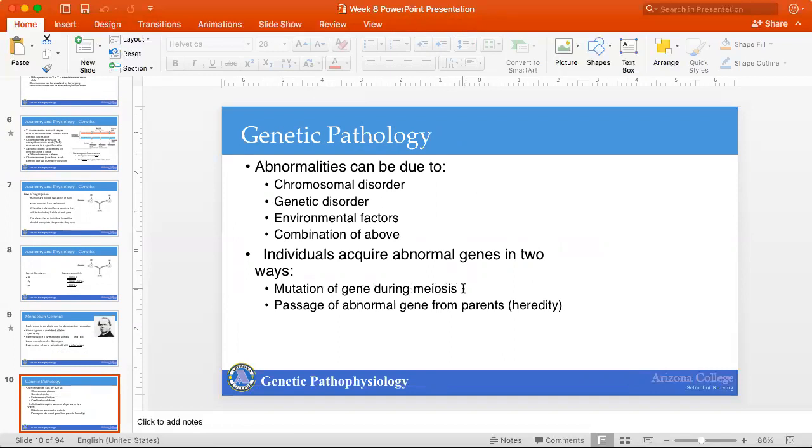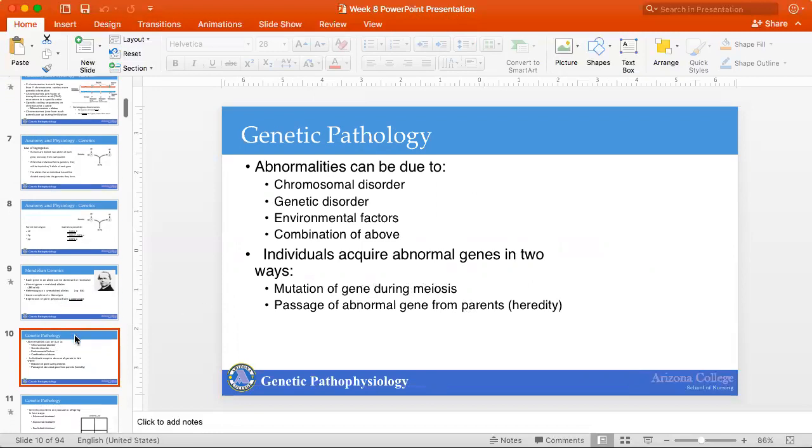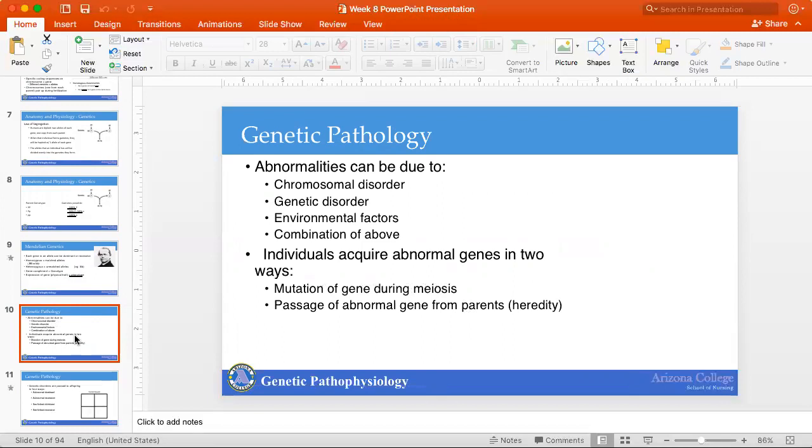So as you're forming these gametes, there could be some sort of mutation along that pathway, which then causes a potential genetic problem for the offspring, or a passage of abnormal gene from the parents. So through that heredity.